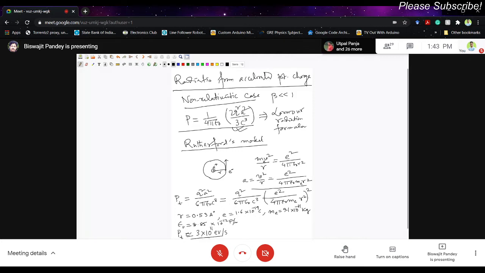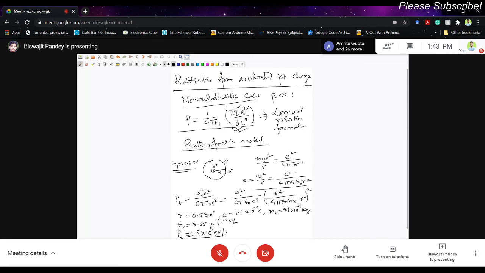Now you remember the energy of this first orbit in the hydrogen atom. The electron has energy 13.6 electron volt, right? This is the energy. And what is the power radiated per second? This electron radiates 3 into 10 power 11 electron volts per second.